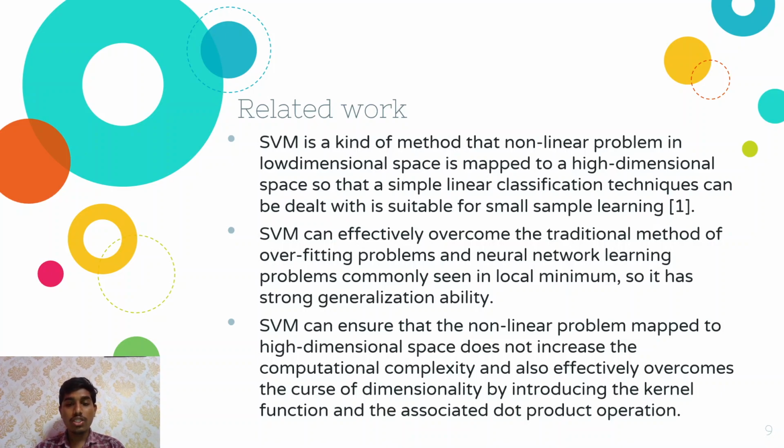SVM can ensure that mapping the nonlinear problem to high dimensional space does not increase the computational complexity, and it also effectively overcomes the curse of dimensionality by introducing the kernel function and the associated dot product operation.